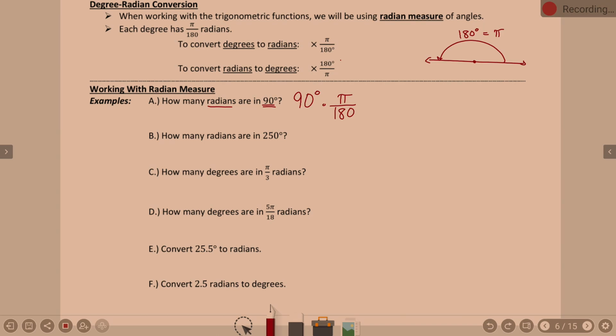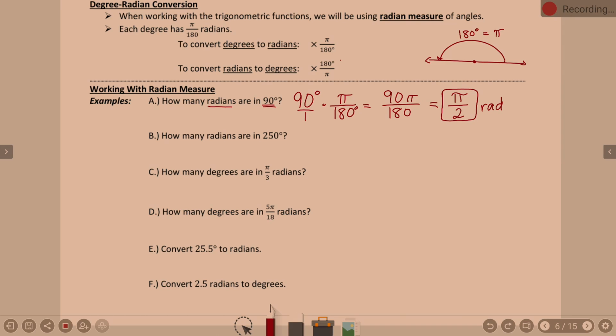Multiply this as is. If I say 90 pi over 180, what do you know about 90 over 180? It's 1/2, yes? This is most commonly written as pi over 2. Okay, and that would be pi over 2 radians.